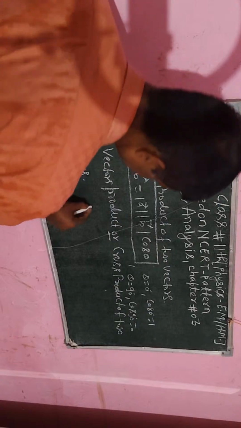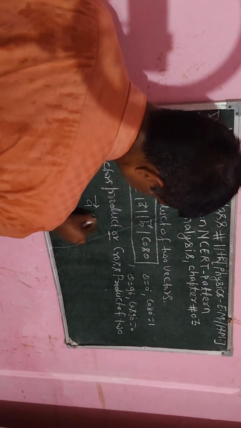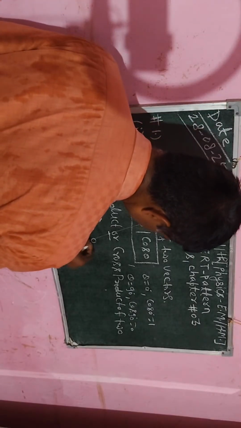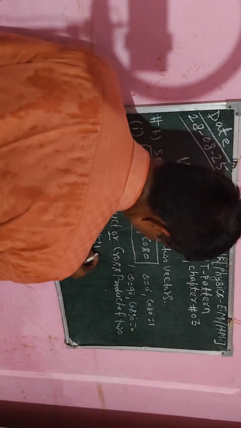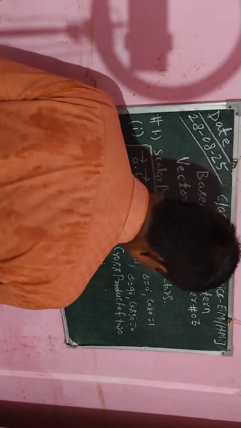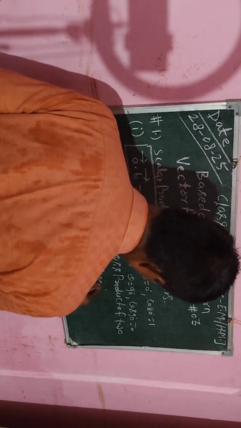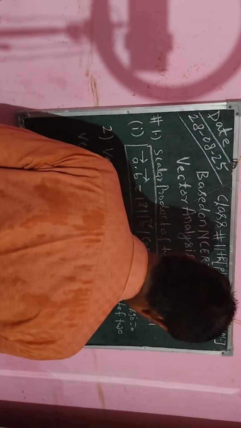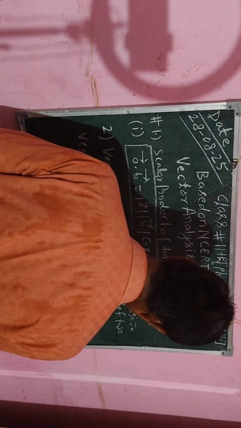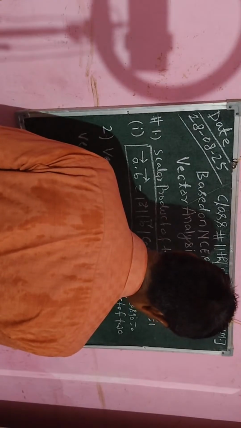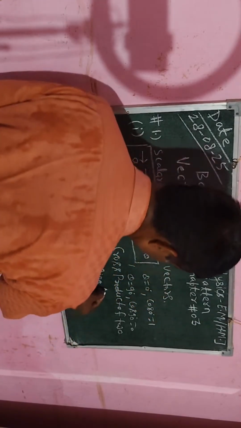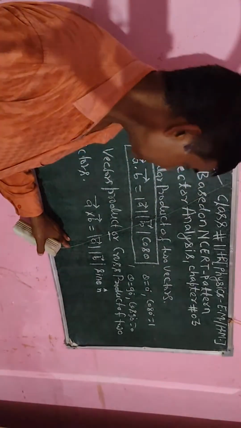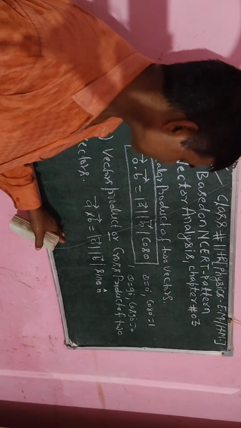That is, A cross B, which is written as magnitude of vector A into magnitude of vector B into sin theta, because in the cross product we use sin theta instead of cos theta, and here will be a unit vector, represented here, whose direction will be along the vector cap.